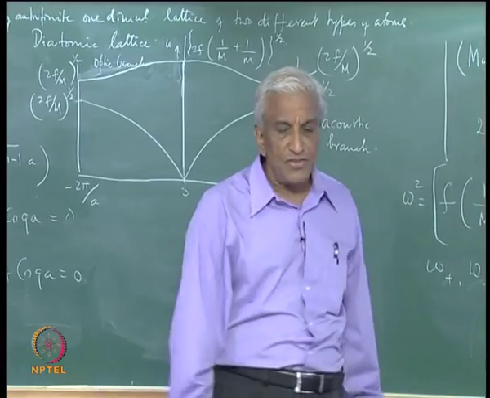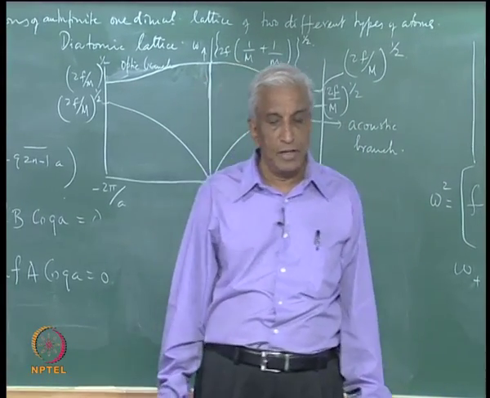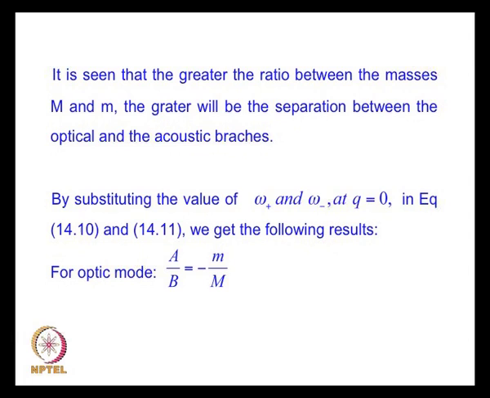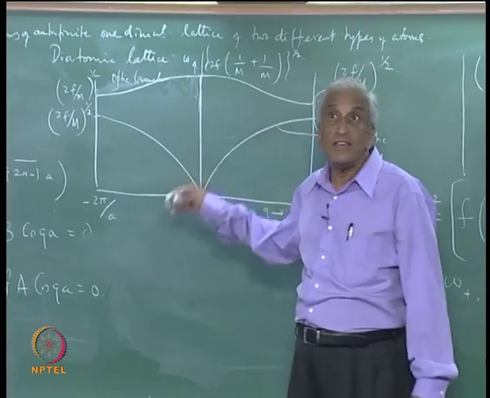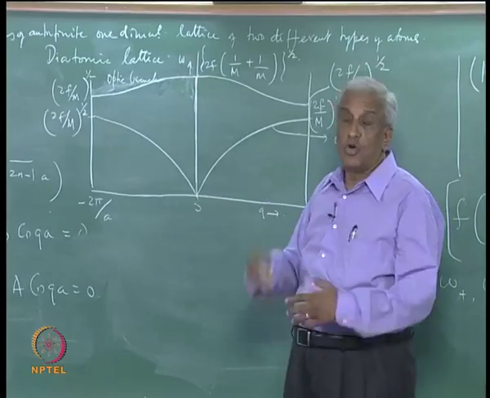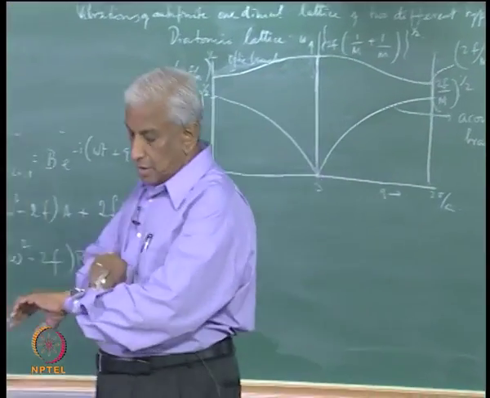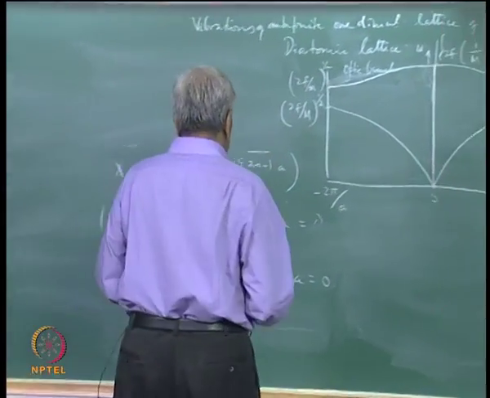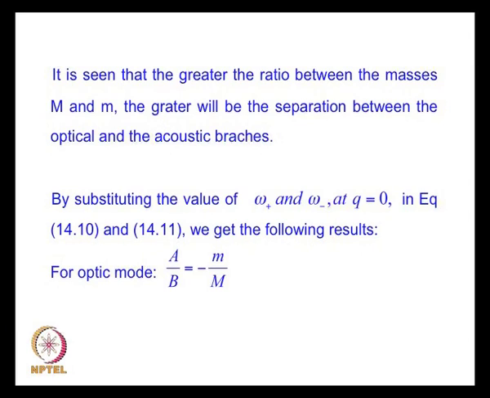That is the essential difference between this case and the previous case. So, you have the acoustic and optic branches, and these are the allowed phonon modes which must be used in calculating the characteristics of such a lattice, for example sodium chloride and similarly other alkali halides.